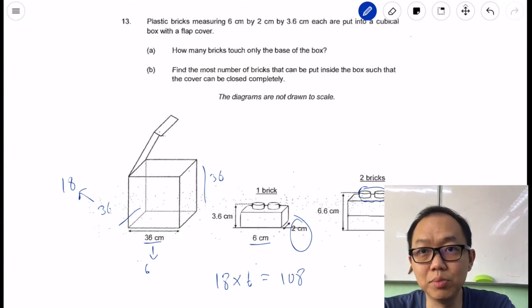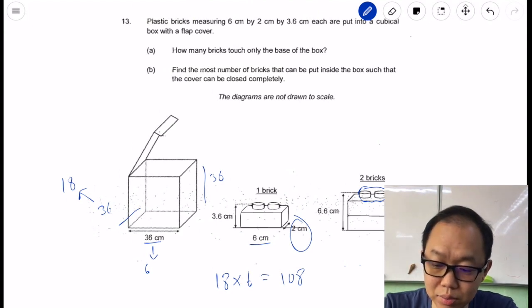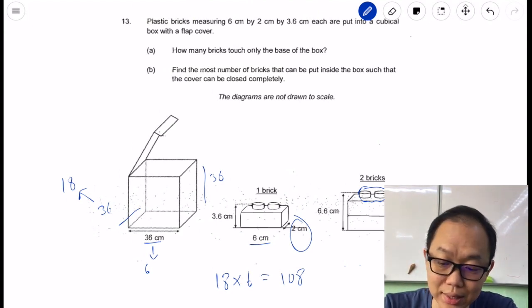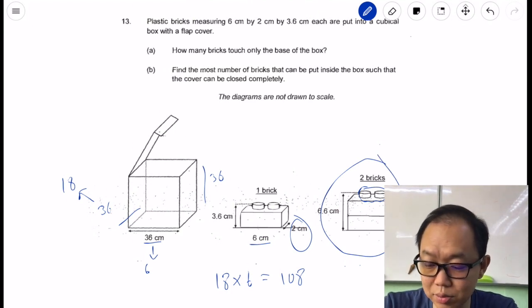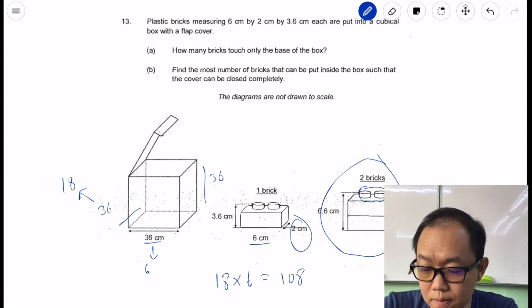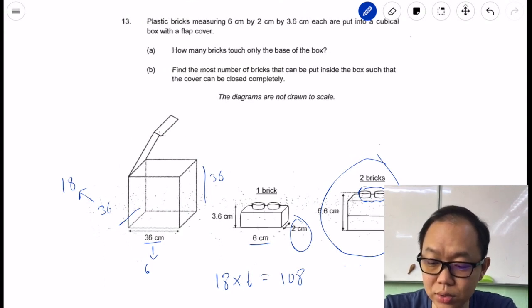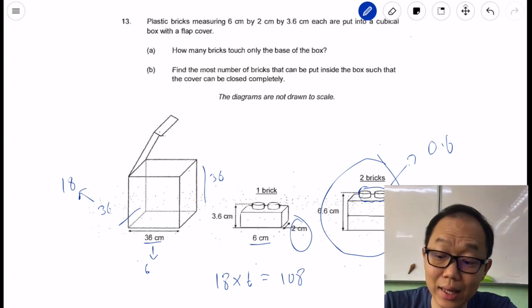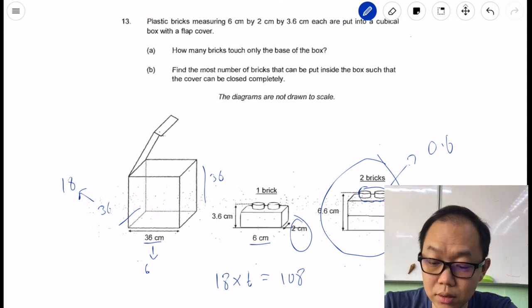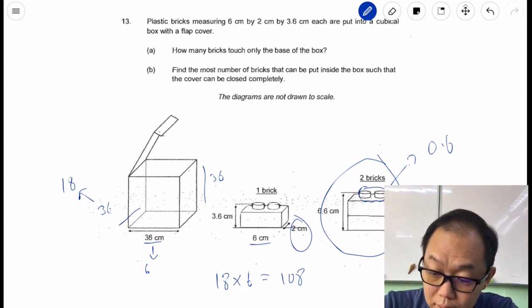But if I depress one of them and one of the protrusions disappears, it is 6.6. So 7.2 minus 6.6 gives one protrusion as 0.6. If one protrusion is 0.6, that means the height of the brick must be 3 cm.